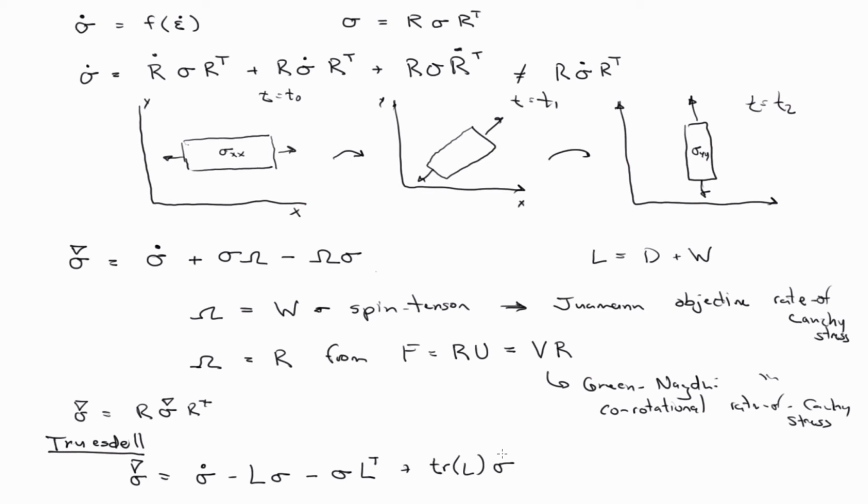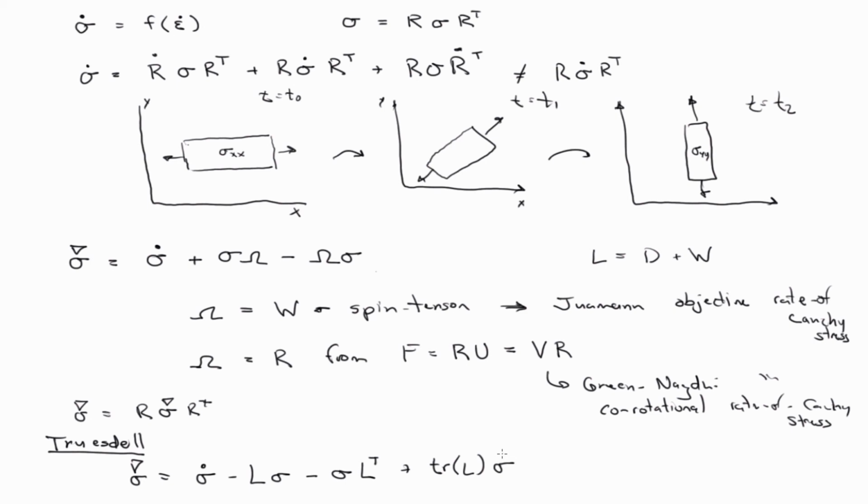No, F is not R. F is a unique rotation multiplied by a stretch. These are tensors. But when we just have rigid deformation and F is equal to R, then the rate dE dt would be zero.